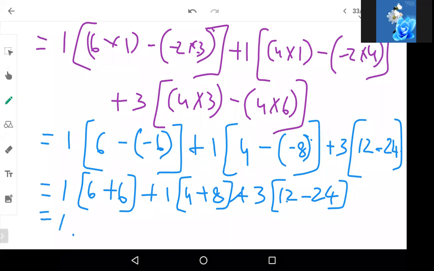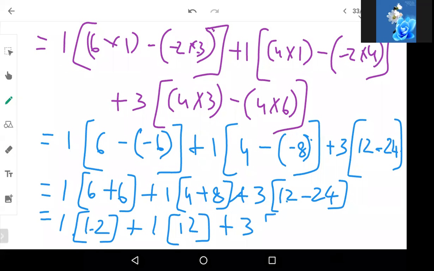So 6 plus 6 is 12, plus 1 into 8 plus 4 is also 12. 12 plus 3 into 12 minus 24 is minus 12.